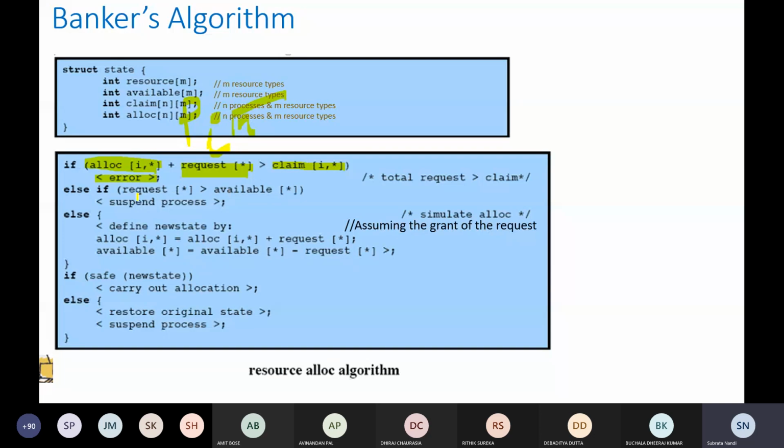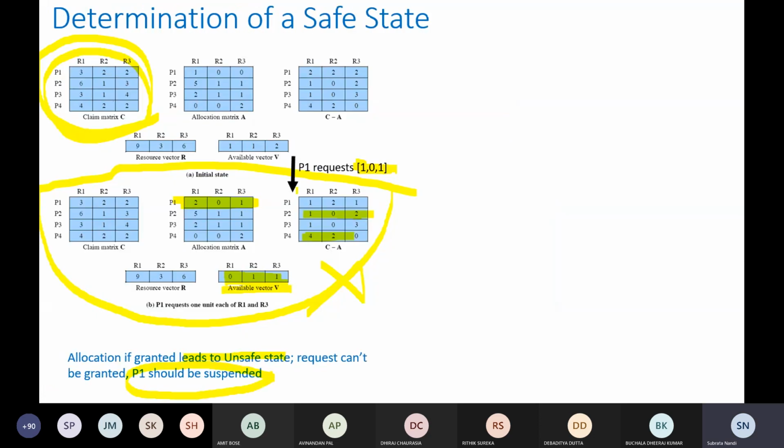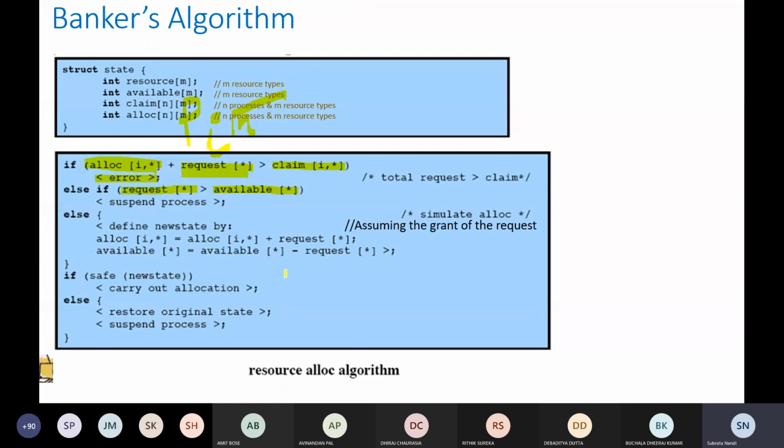Okay, if that is not the case, then if the request you have made is greater than available, that means whatever you are requesting is more than what is available here. It's like one by one the elements of the vector are compared. If you are requesting more than what is available, then you have to suspend, because there is no way for the process to proceed.